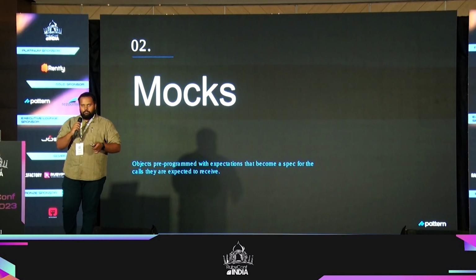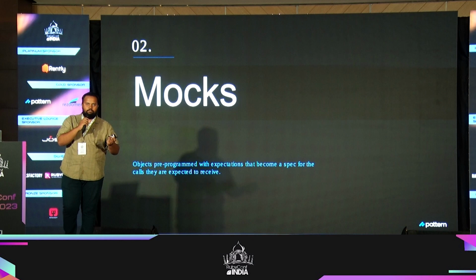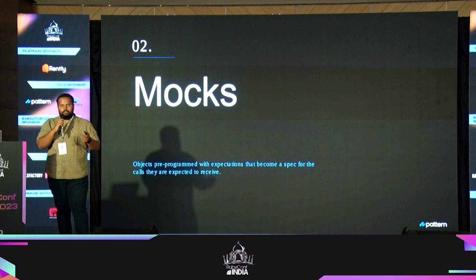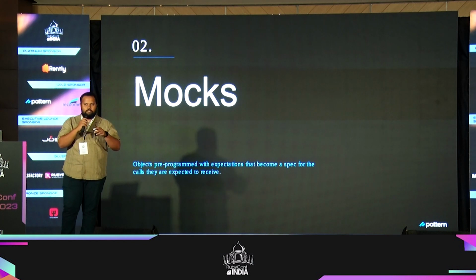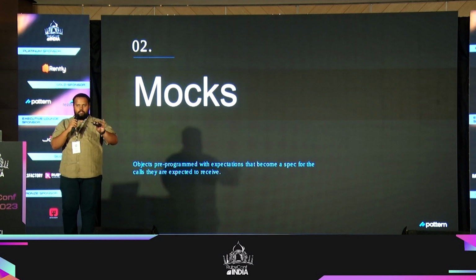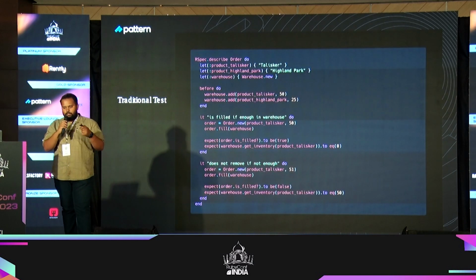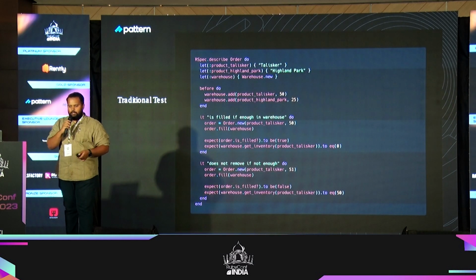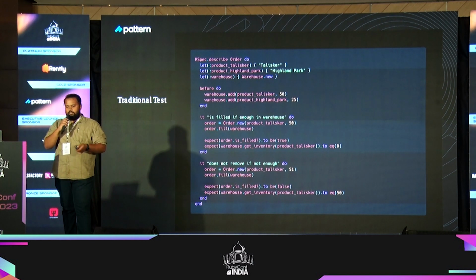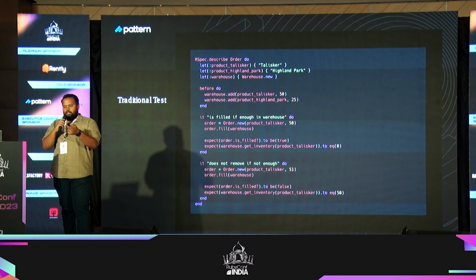Now let's go into a traditional TDD way of testing versus the mocking approach. For a traditional test, whenever you write a test, you use an actual object and run it through the code. For example, here we have a traditional test where there's a warehouse object and an order object.